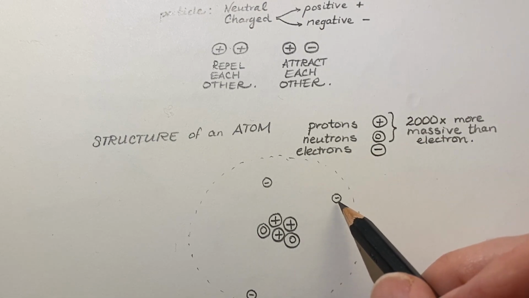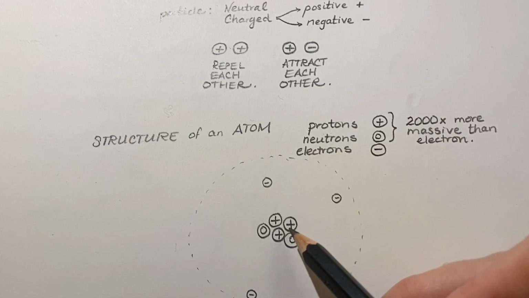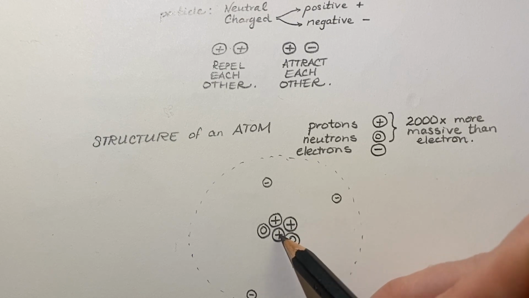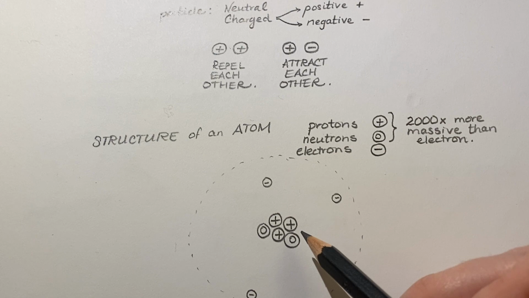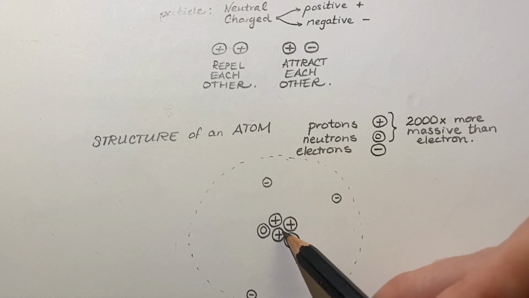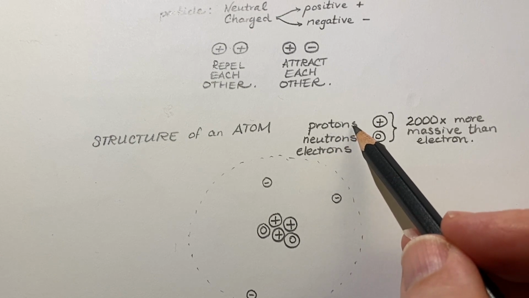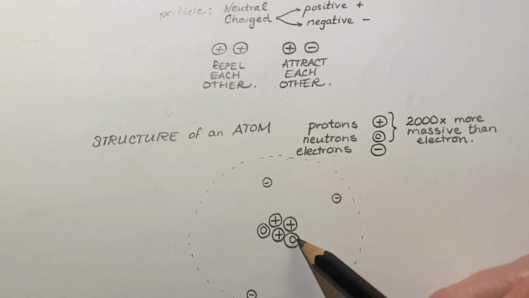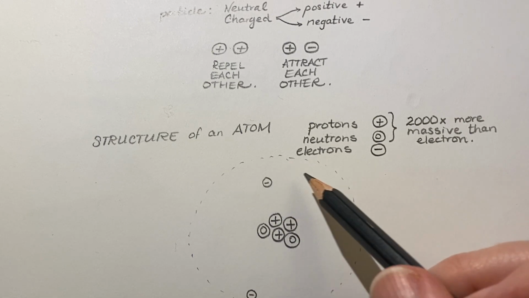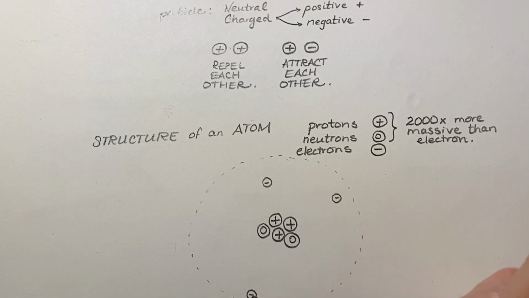Now, they are, like I said, balancing out the positive charge. And because in this atom here, we've got 3 positive charges, protons, that are in the nucleus, then that means we needed these 3 electrons to make this neutral atom.